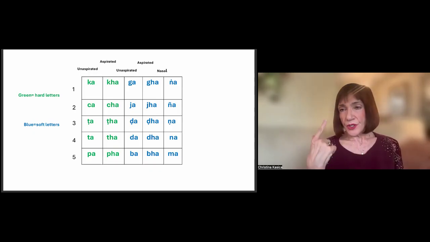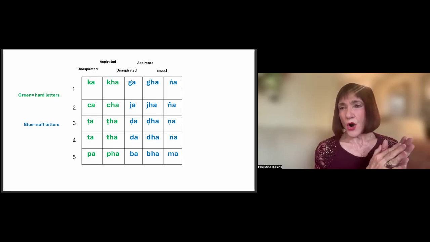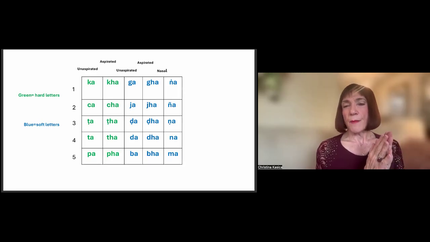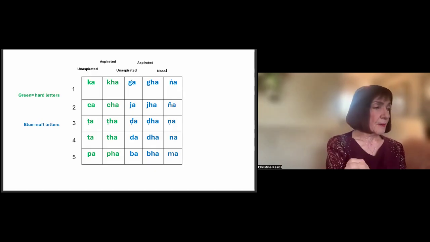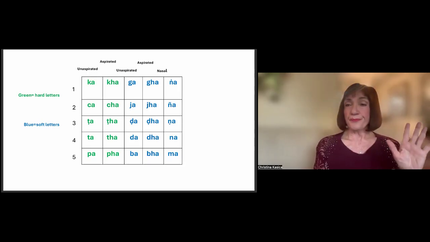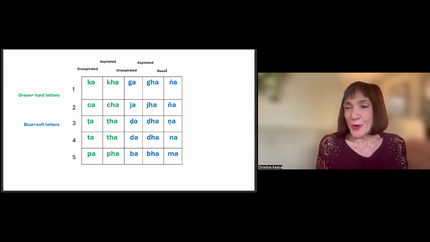And the nasals just send the sound straight up your nose and say na, na, and ma. So much more nasal sound. All right. Now we have to look at the next slide. Oh, first, before the next slide, sorry. Let's pronounce them one more time.